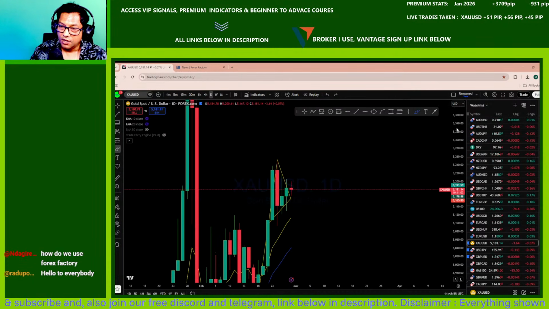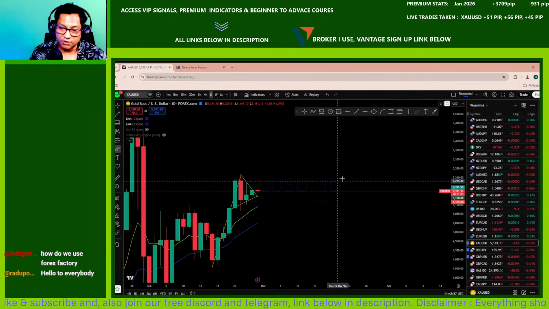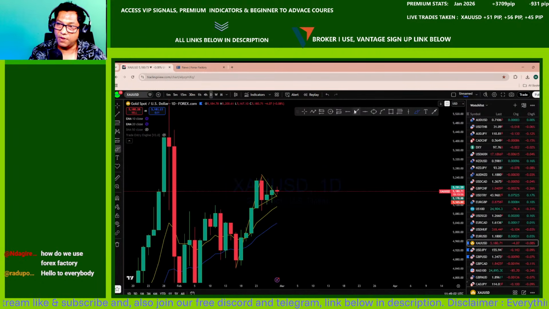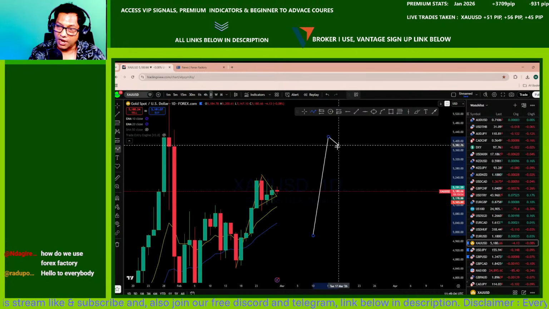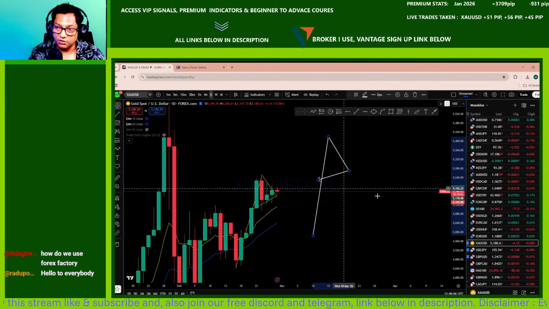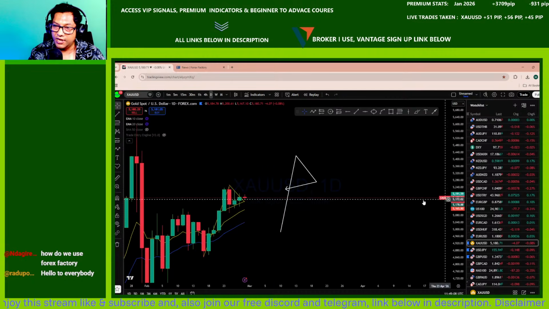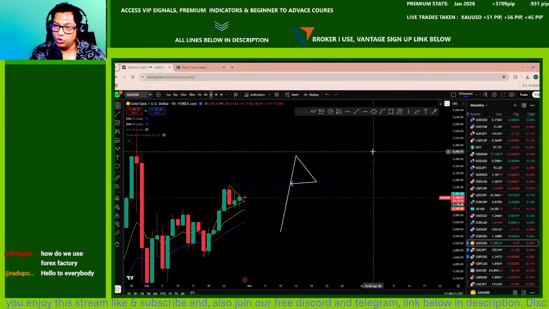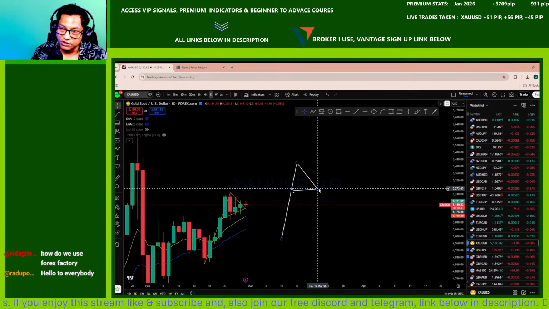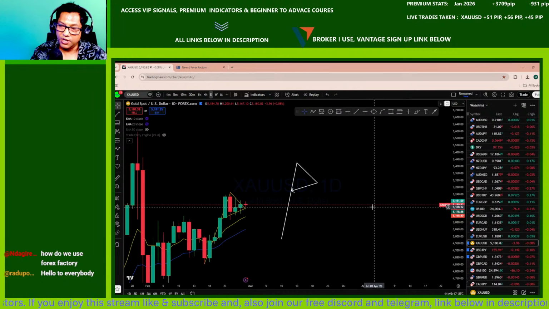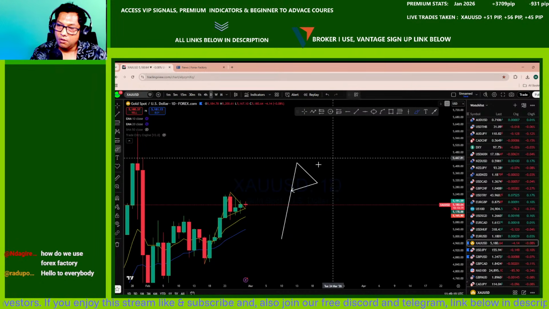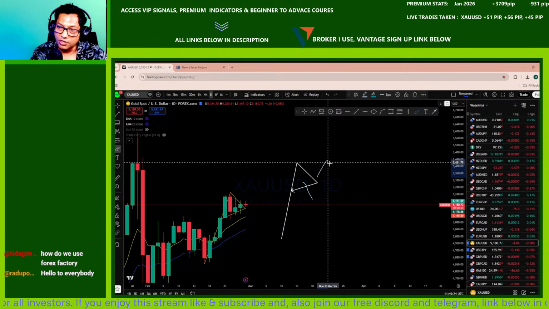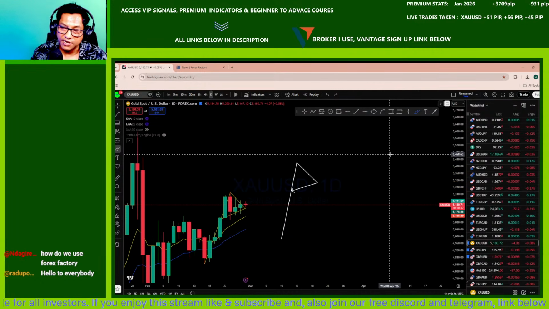This is a natural rhythm: a market creating an uptrend and forming a triangle. When you see the market in this natural rhythm, you could see the price break that low and then continue to trend back again to the upside here.